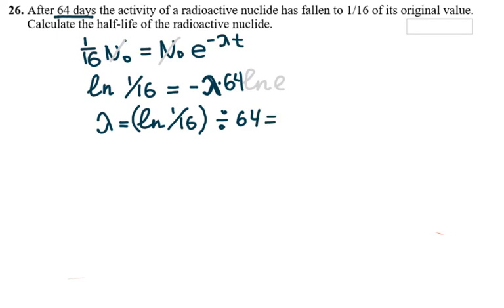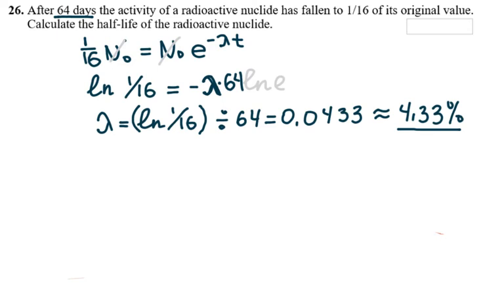That is equal to 0.0433, or 4.33% per day. So that's how much of the radioactive element decays. 4.33% of it is gone, or decayed, within 1 day.